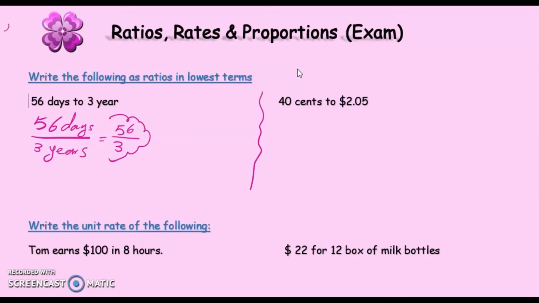40 cents to $2.05. So we are going to see the ratio, the comparison between 40 cents to the $2.05. So therefore, if you can reduce it, reduce it.